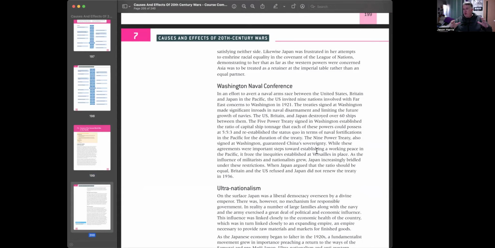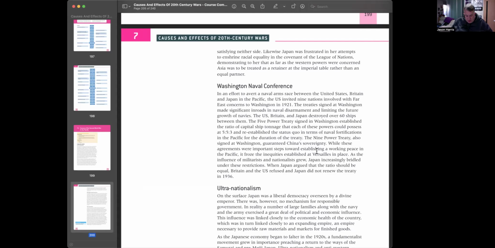It's kind of like the League of Nations constitution, and they call it the covenant. And when they're making up the League of Nations, which is brand new after World War One, they want a section in their laws and rules that says a vote by an Asian country is equal to a vote by a European country, basically saying that Asian people are equal to white people, for lack of a simpler way of saying it.